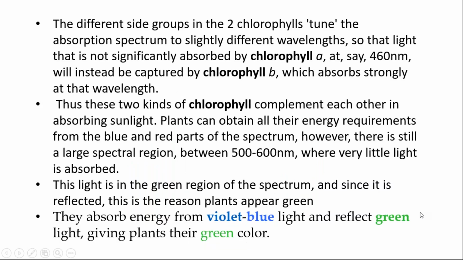So the different side groups of the two chlorophylls, that is the methyl group and the aldehyde group, are the ones which tune the absorption spectra to different wavelengths, so that light that is not absorbed by chlorophyll A, say at 460 nanometers, will easily be captured by chlorophyll B.